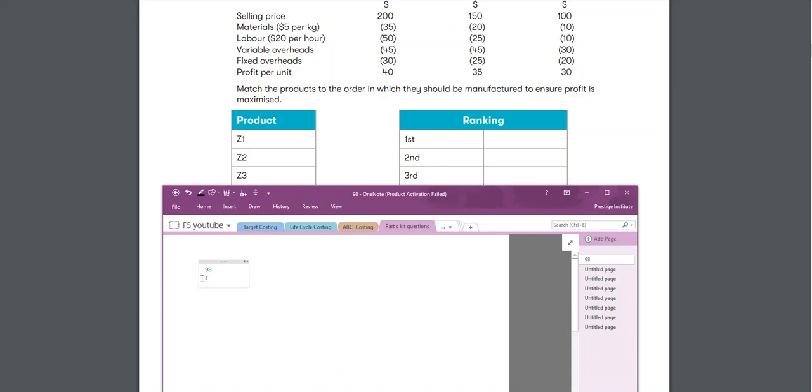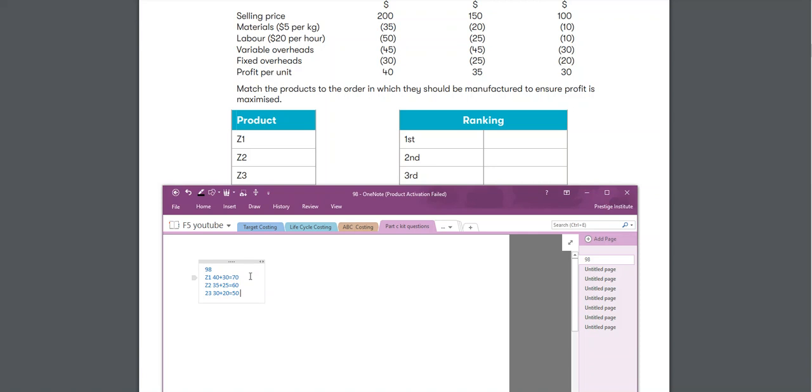So for product Z1, it would be 40 plus 30, 70. For Z2, it would be 35 plus 25. And Z3 is 30 plus 20. Remember, the reason I added fixed cost to the profit is because contribution is profit before deducting fixed costs. So if we take profit and add back the fixed cost, it will give us contribution.